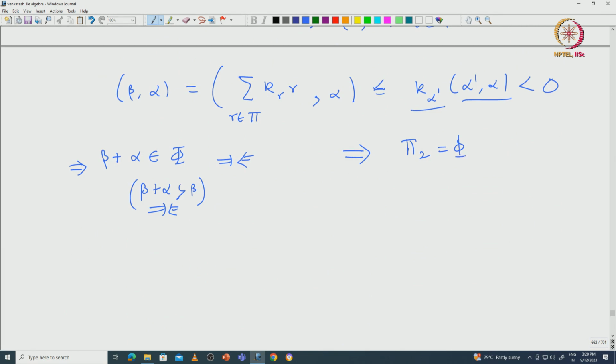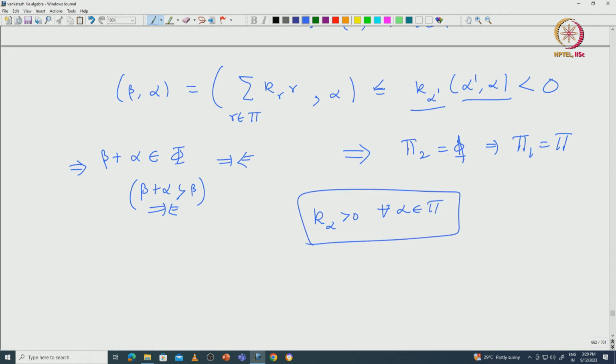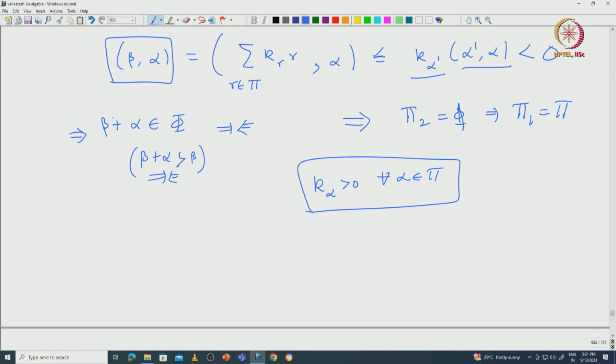If pi 2 is empty, that forces pi 1 to be pi. If pi 1 is pi, that means k_alpha is positive for all alpha in pi, which is something we already proved. Also, in the course of the proof, we observed that the inner product of beta and alpha cannot be negative. If it is negative, then beta plus alpha must be a root.